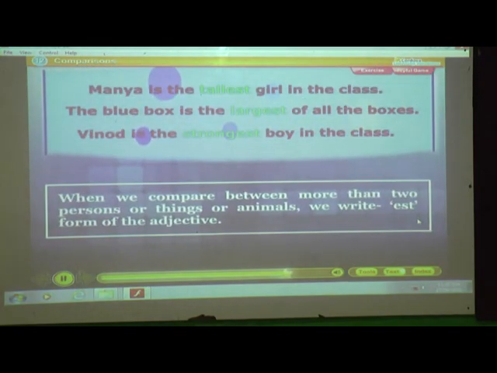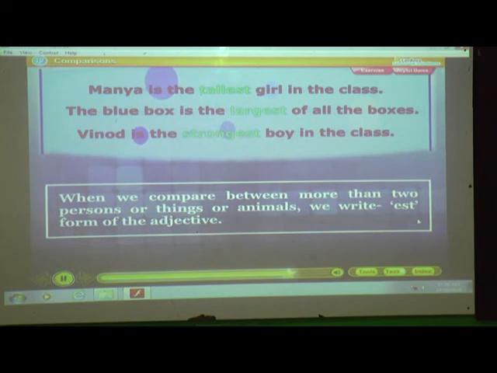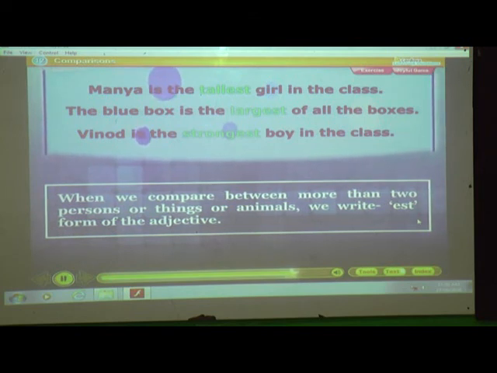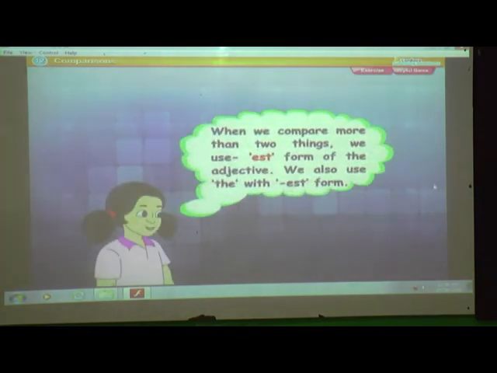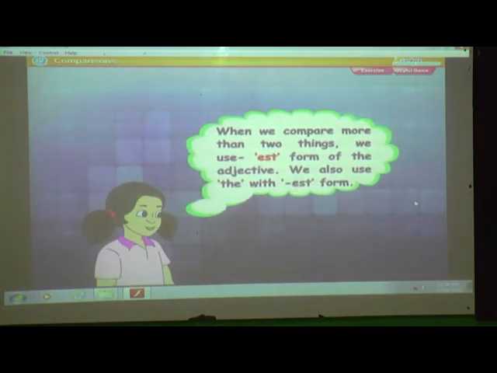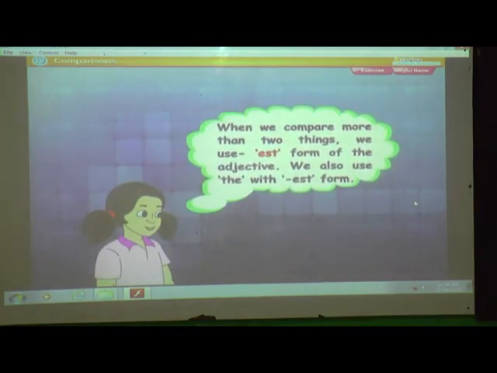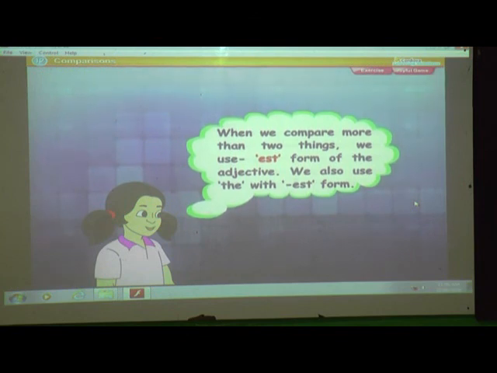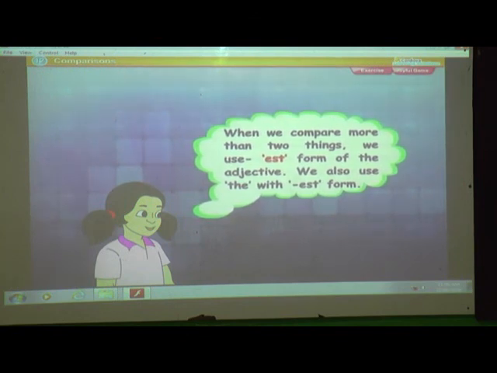When we compare more than two persons or things or animals, we write EST, form of the adjective. When we compare more than two things, we use EST form of the adjective. We also use the with the EST form.